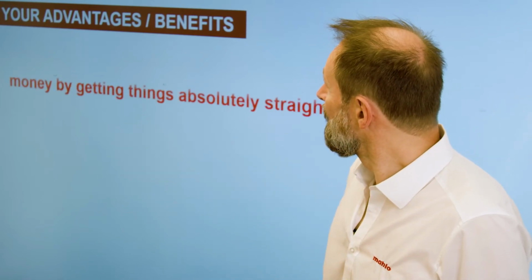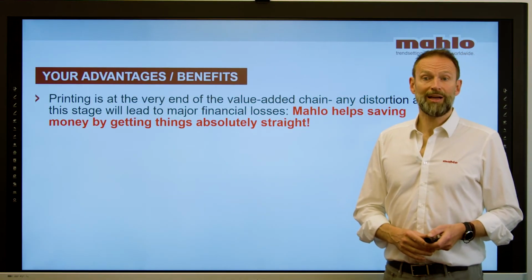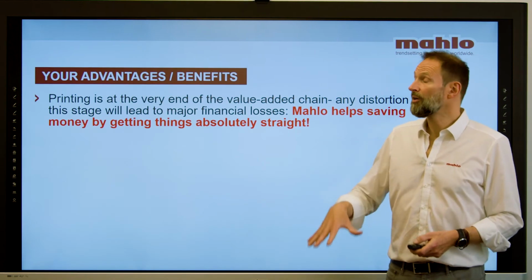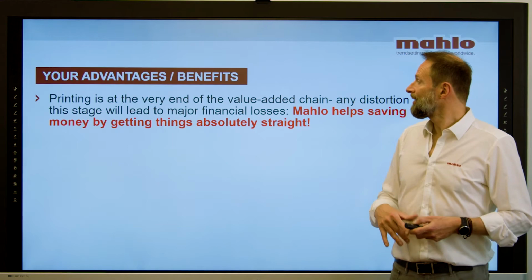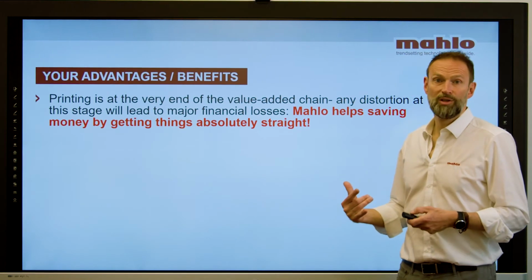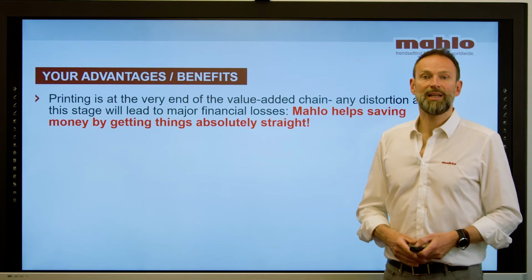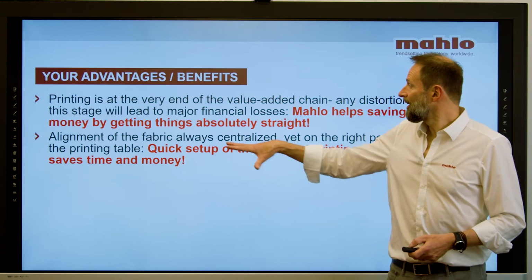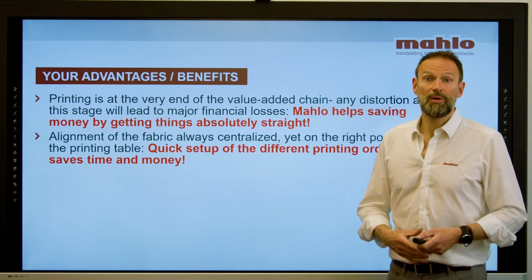However, the printing is at the end of the value-added chain, and therefore a lot of money is invested in the fabric, and if you don't succeed at that stage, then all that money will be lost.